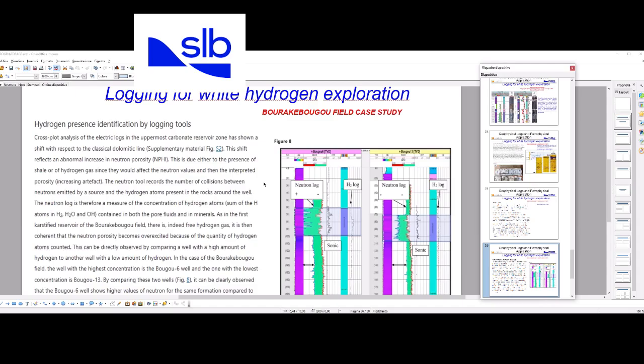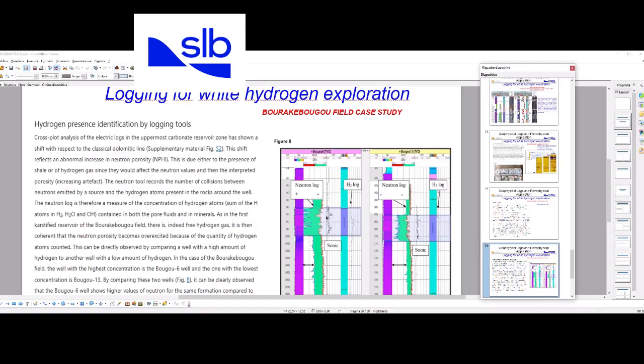Hydrogen presence by logging tools. So finally we have a scheme of presence of hydrogen in different layers. We also have the correlation to neutron logs. When we have an increase of value, a positive value of neutron logs, we have a correspondence to gas chromatography.